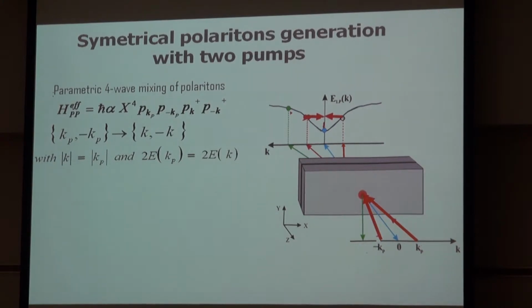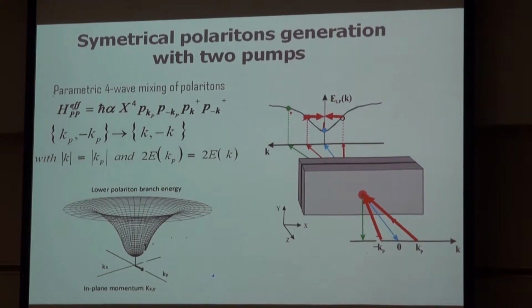and we have used that to see this generation of other photons in the cavity, because the polaritons interact, and this gives nonlinearity to the cavity. It goes like this. Here I have two pump vectors, Kp and minus Kp, and I send two lasers like this.